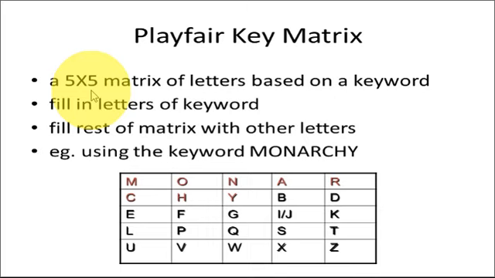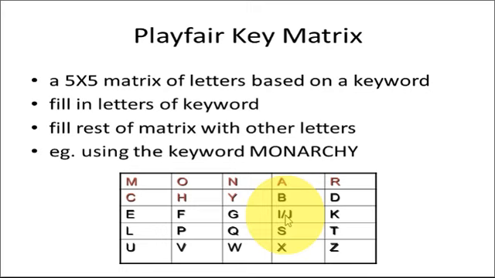The remaining one extra letter of the 26 has to share a cell, two letters in a single cell. The example is I and J, these two occur in a single cell. That means we are going to use a 5 cross 5 matrix.